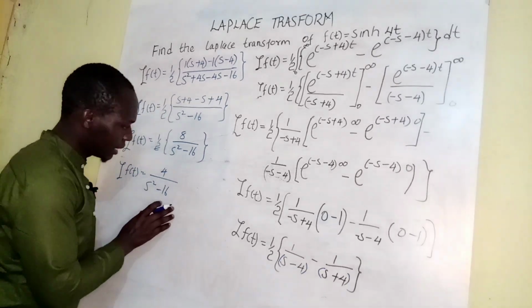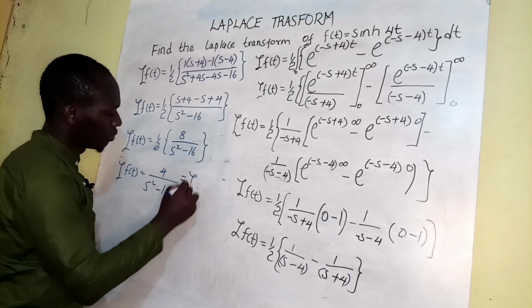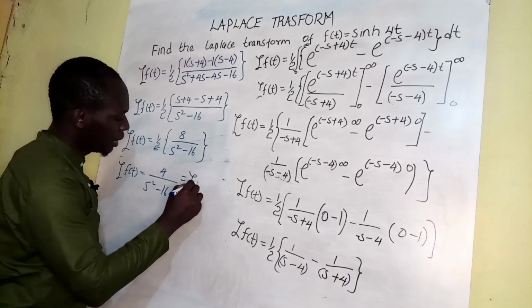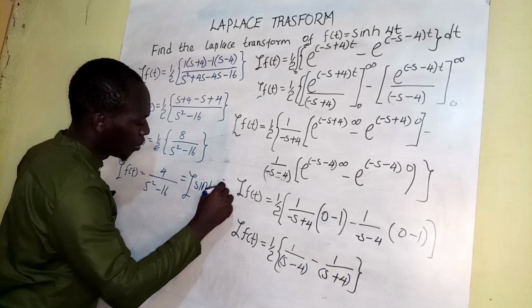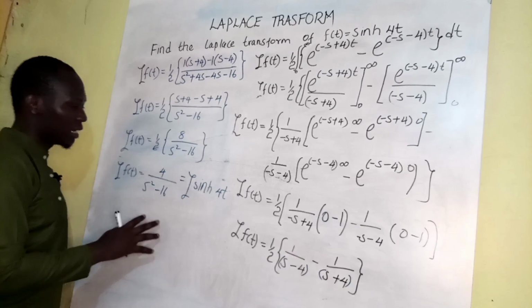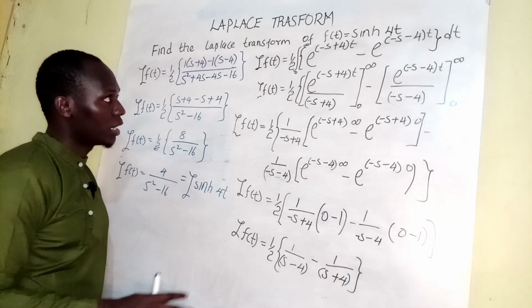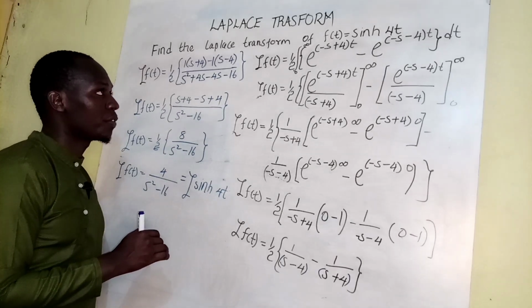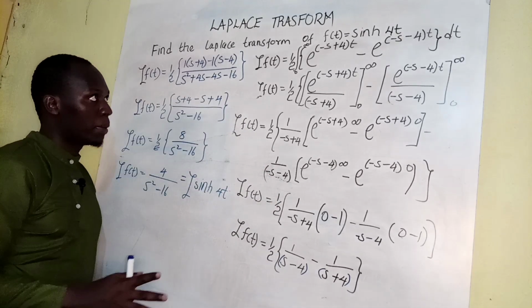And this is now the Laplace transform of sine hyperbolic 4t. To mean that when you've been told to use the first principle formula in finding the Laplace transform of sine hyperbolic 4t, this is how you go about it.